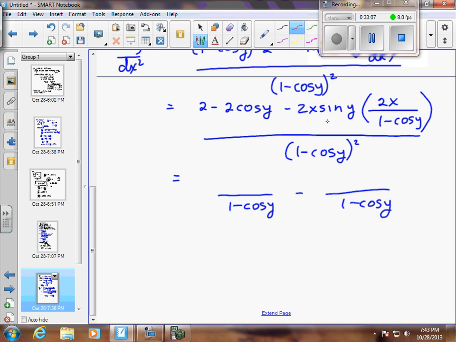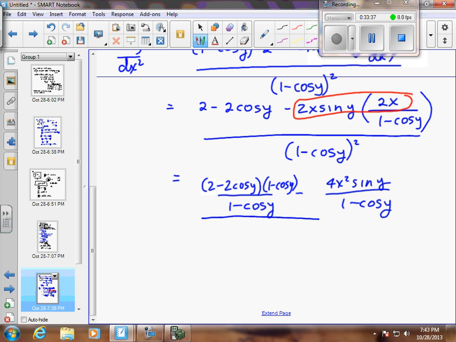This part is easy. That's just going to be 4x squared sine y. But what do we have to do for this? FOIL. I'm going to write this down and do it in the next step. You won't have one that's ridiculous. But the thing is, if you can do one that's ridiculous, then you can do the easier ones.